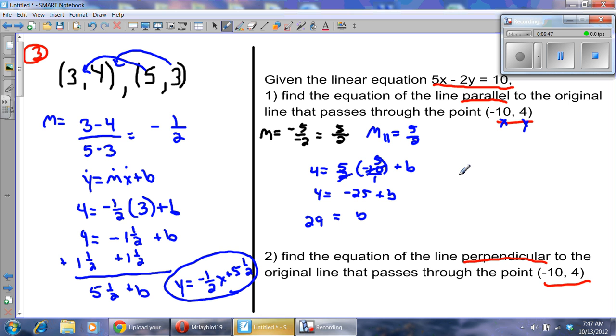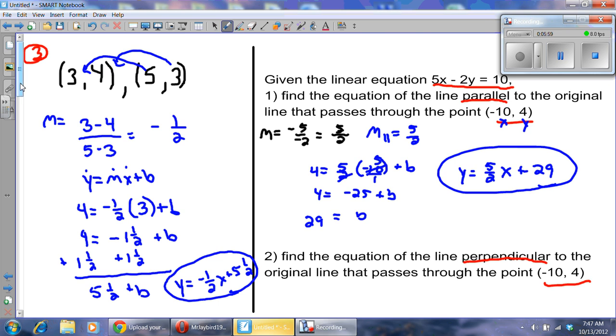Now I can write my equation. Y equals, using the slope, 5 over 2 times x plus 29. And there we go.